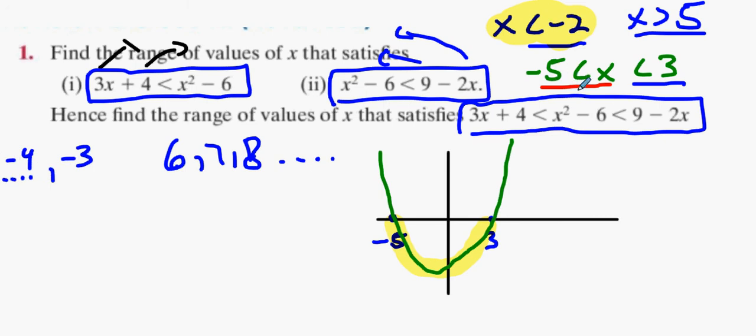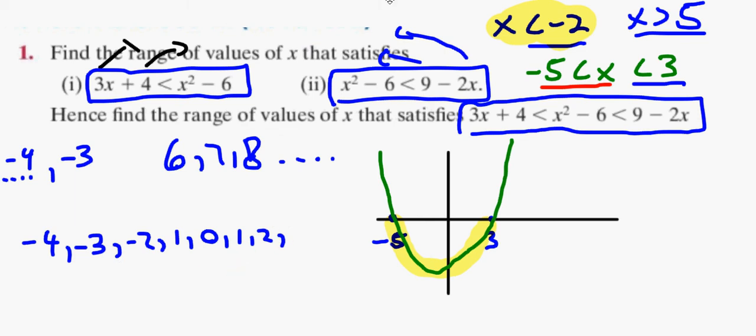What's acceptable in the second answer? Is minus 4 acceptable? Because minus 5 has to be smaller than it. You're allowed all these values in the second answer. See all those answers you're allowed in the second answer?